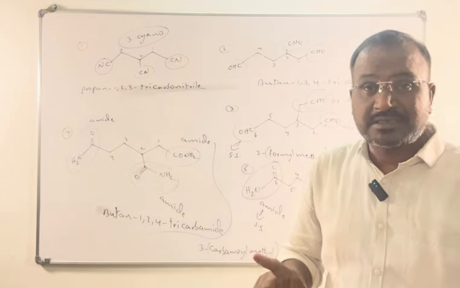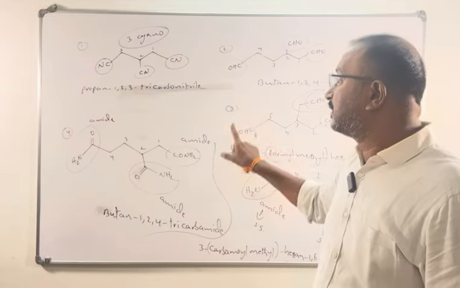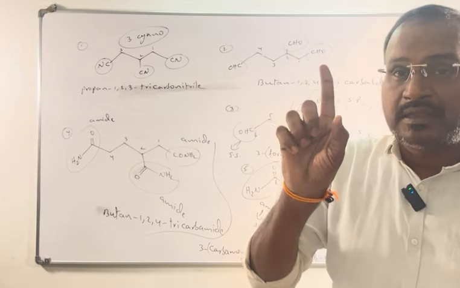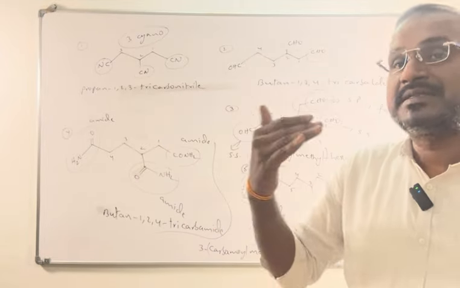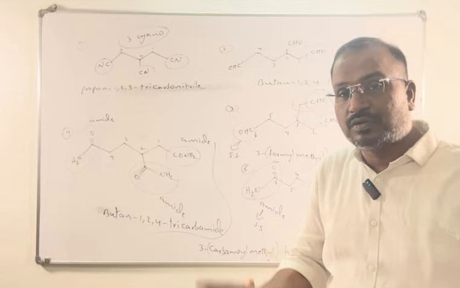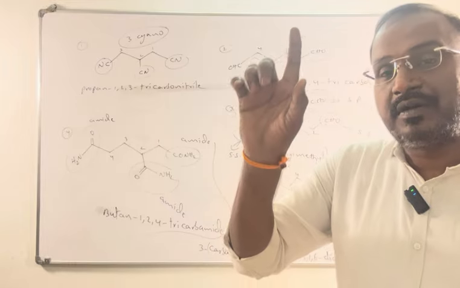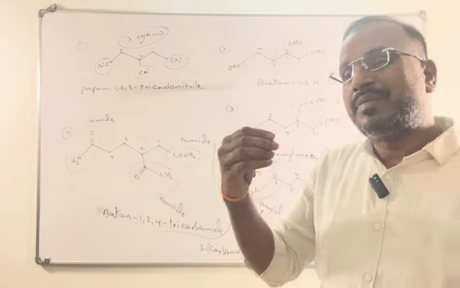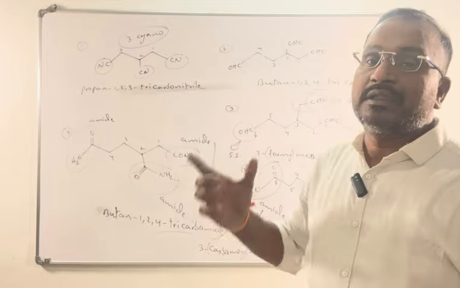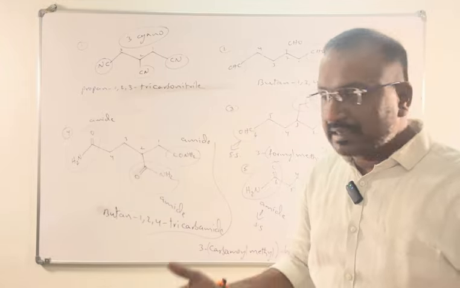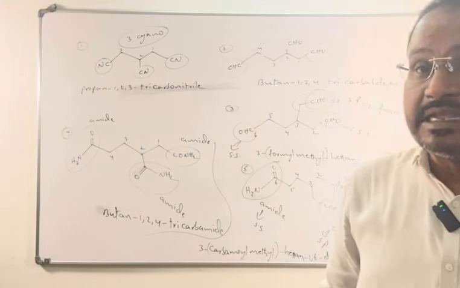But once again, I am suggesting, before writing this, first we have to identify high priority, low priority groups, secondary prefix, secondary suffix, primary suffix, root word. How to identify that? It is in the previous video. Please go through that video. You will get a complete idea about those rules and some categories. Then you can write these names easily.